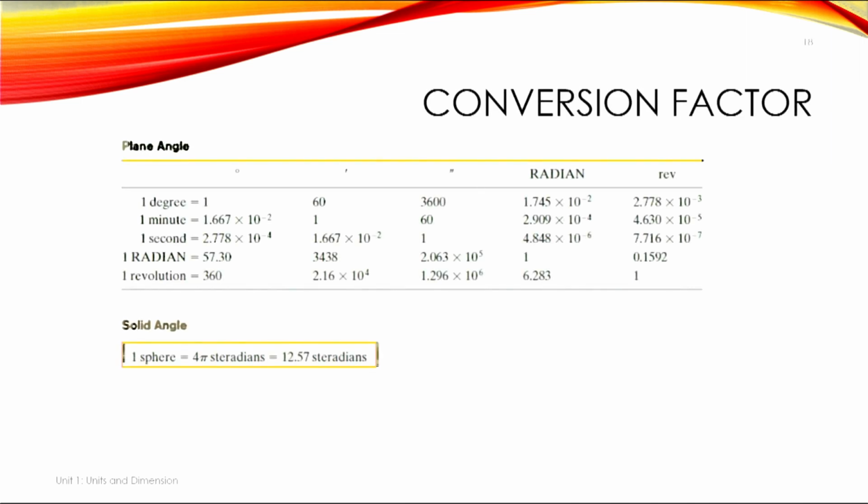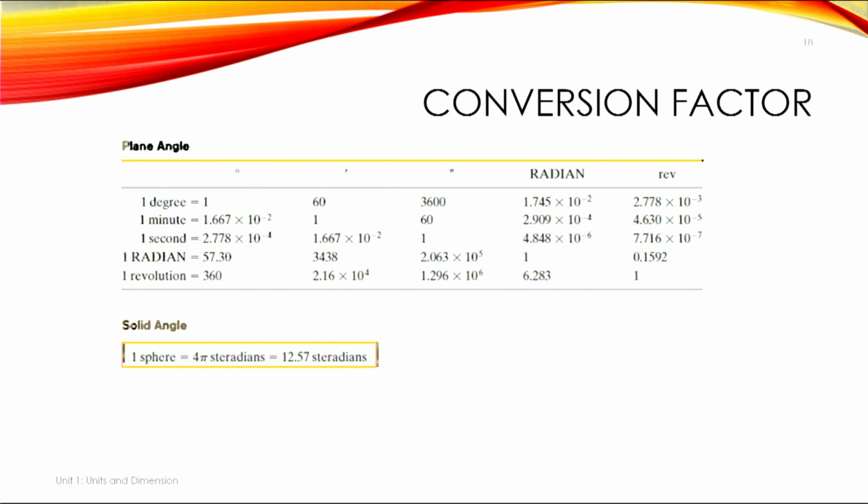So let's look at other conversion factors other than the ones we have mentioned. We have many of them in your courseware. So here I've only selected very few. For plane angle, the conversion factor between 1 degree and radian is 1.745 times 10 raised to the power minus 2, and to 1 revolution is 2.778 times 10 raised to the power minus 3.